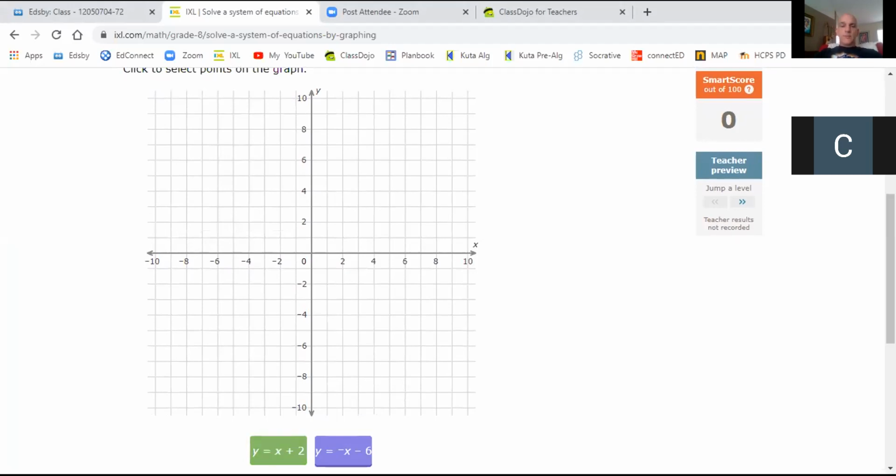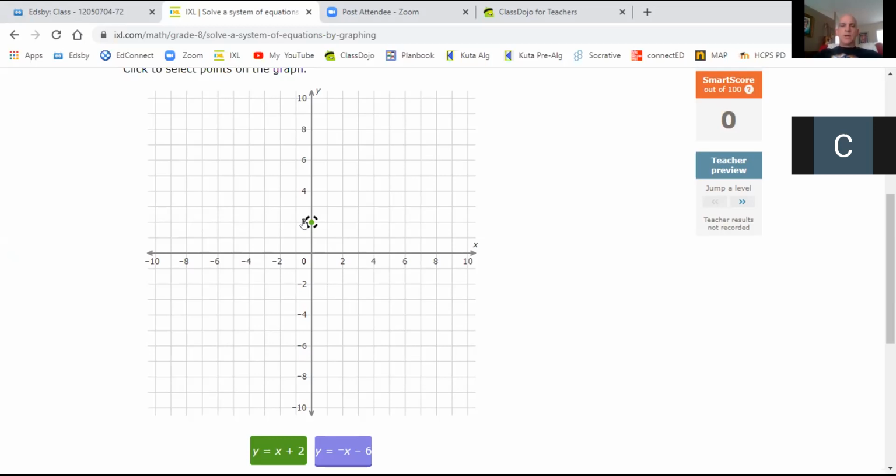So in slope-intercept form, we always graph our second, or our intercept first. So the second number you see is your y-intercept. So we're going to go to plus 2 on the y-axis. That would be our first point for that line. The second point we get from using the slope in that equation. Well, the slope here is not shown because there's no number in front of the x.